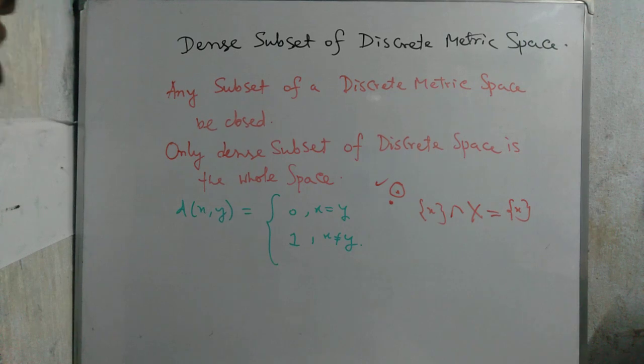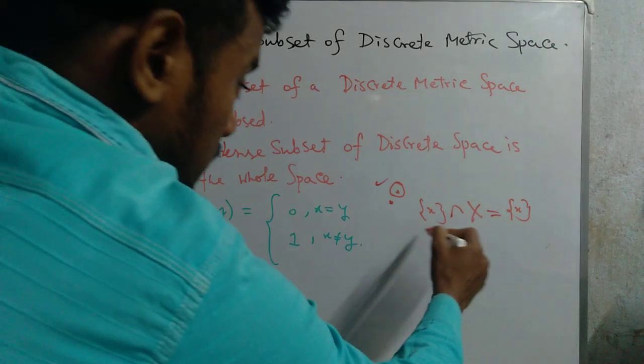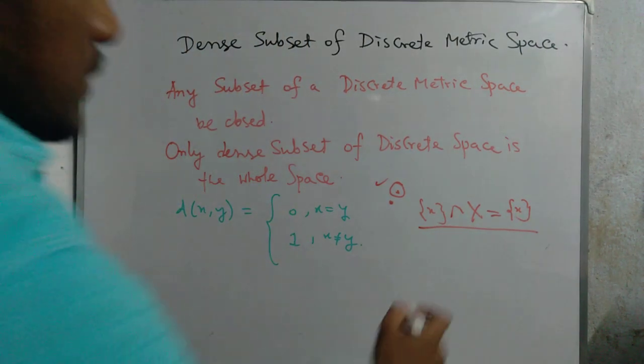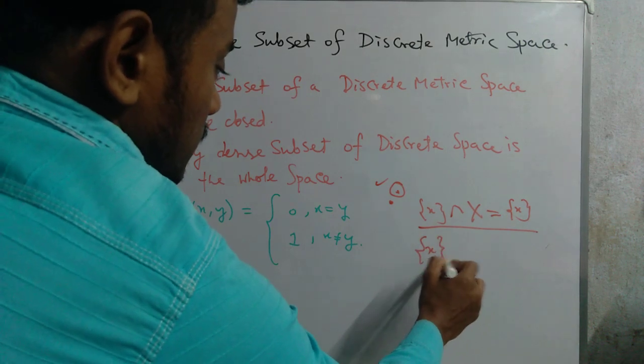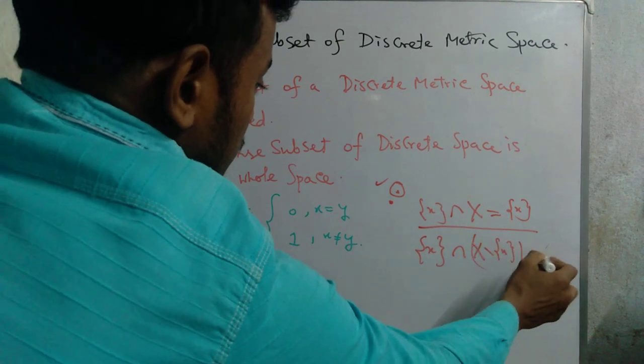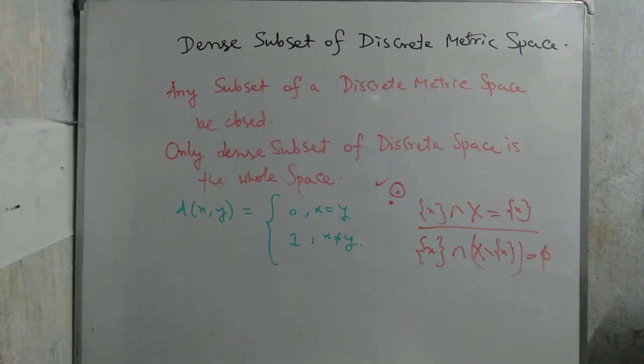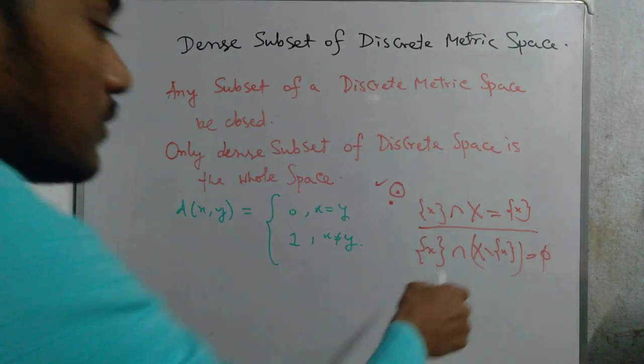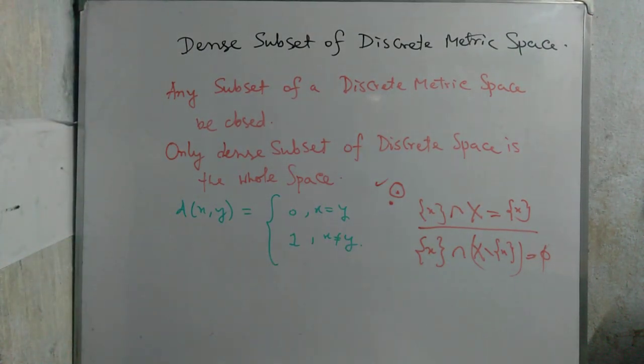Then if we take a set that does not contain x, its intersection with this neighborhood is empty, so the set is not dense here.